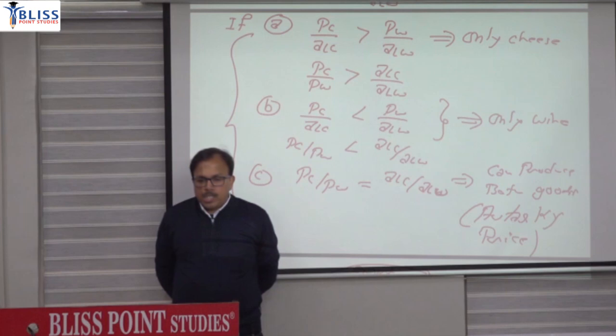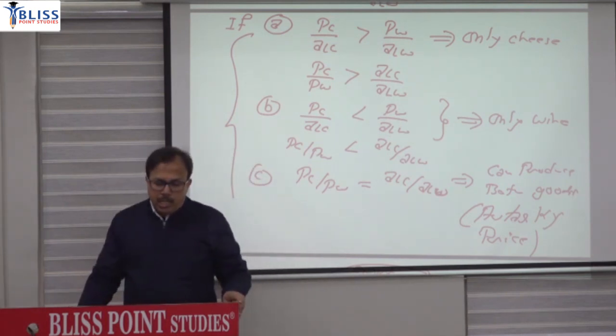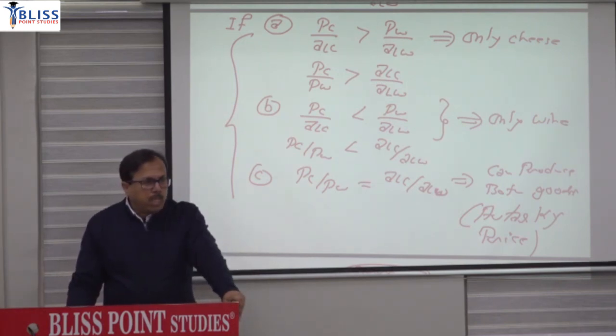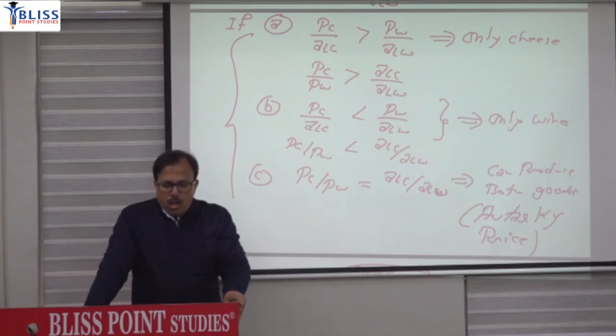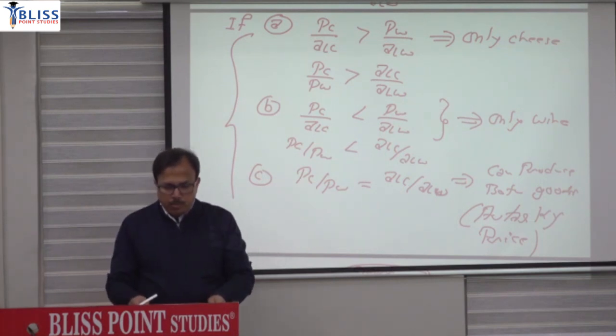For that purpose, it is required that relative price of goods must be equal to opportunity cost of producing that good.